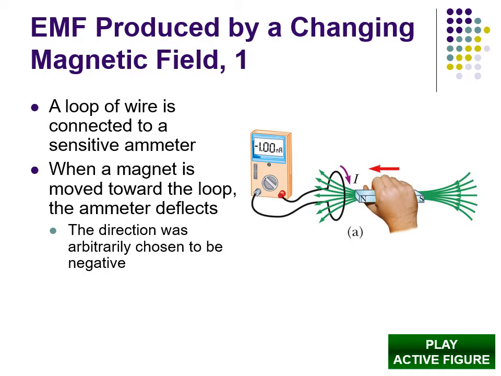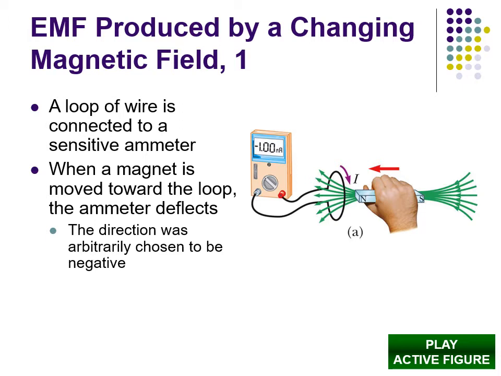So if I have a loop of wire and I bring a magnet towards it, what I'm doing is I am increasing the amount of magnetic field because the magnetic field is getting stronger. And so more and more magnetic field is going to penetrate through that loop of wire. All right. And what happens is if you use your third right-hand rule, and that's the one where you wrap your fingers around a wire and use your thumb to tell you which way the current is.